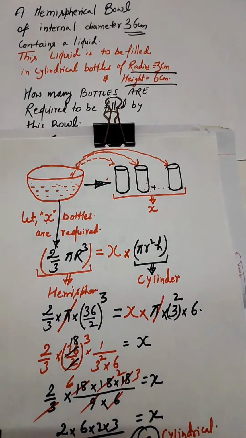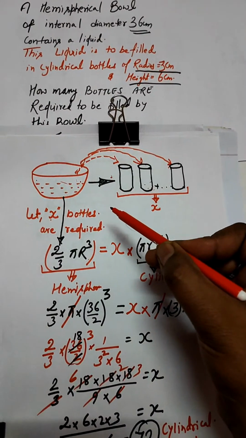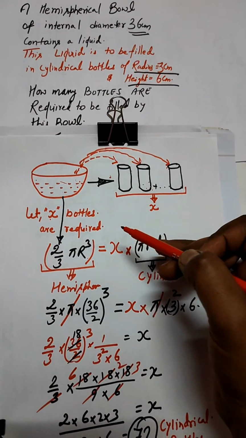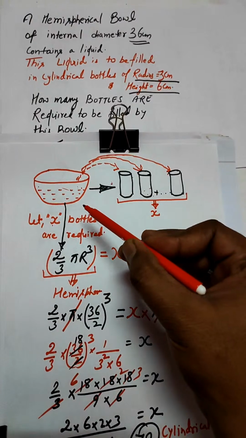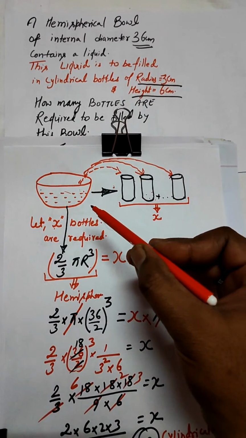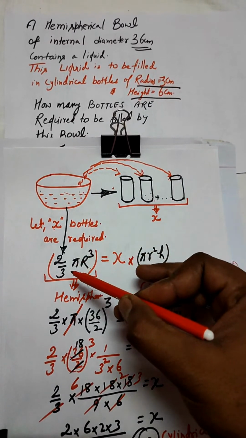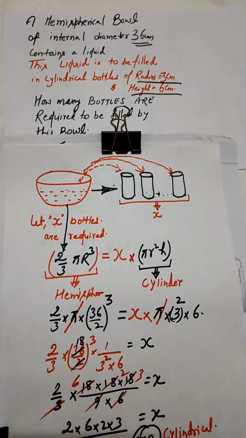Sorry. So, what I want to make you understand is that a liquid is poured inside the hemispherical ball. So we need to understand the liquid will acquire the shape of the container. That's why I use the concept of volume of this hemispherical ball, right?